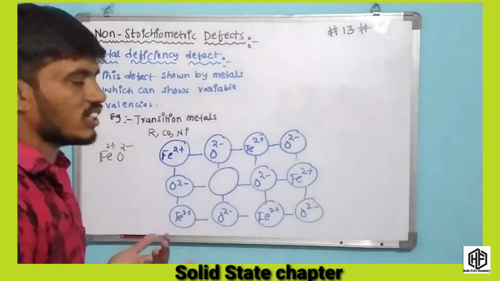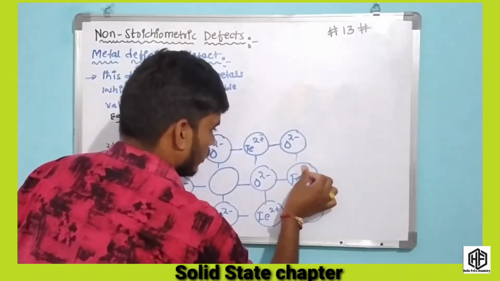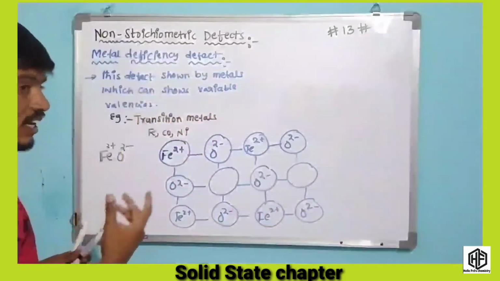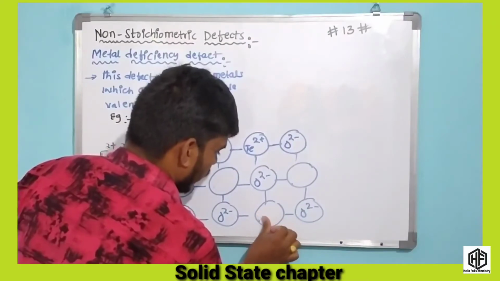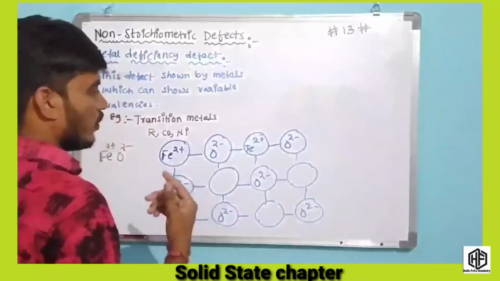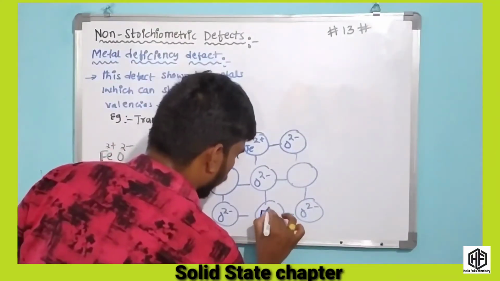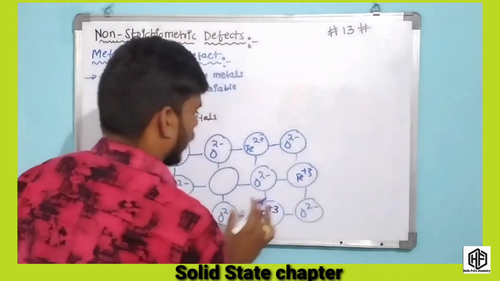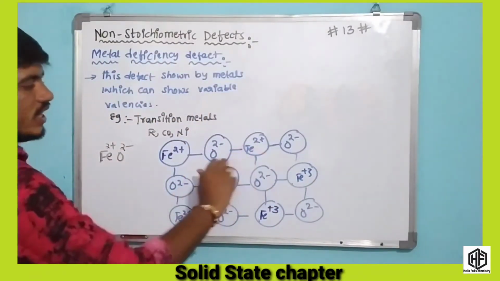So for the crystal lattice to maintain electrical neutrality, two Fe2+ ions are removed and Fe3+ ions are added in their place. Okay friends, when Fe3+ ions are added, the neutrality is maintained.